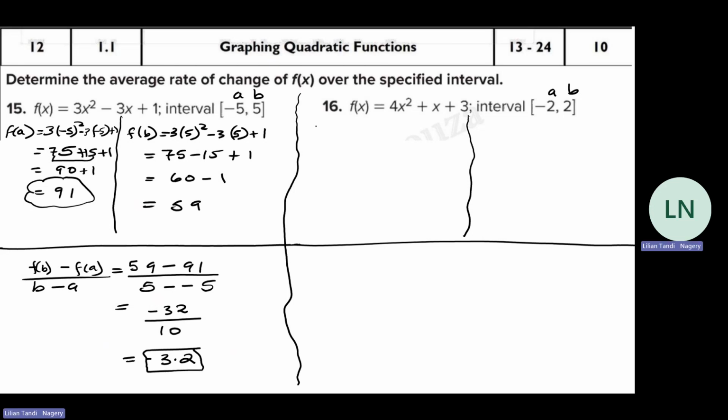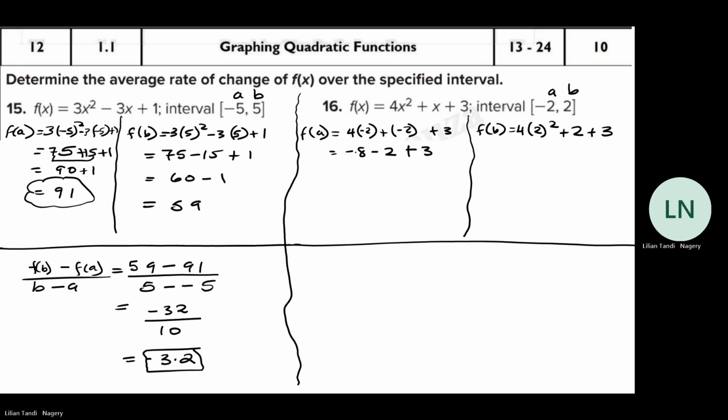Okay, so here you do f of a, which is 4 times negative 2 squared plus negative 2 plus 3. Here you do f of b, which is 4 times 2 squared plus 2 plus 3.